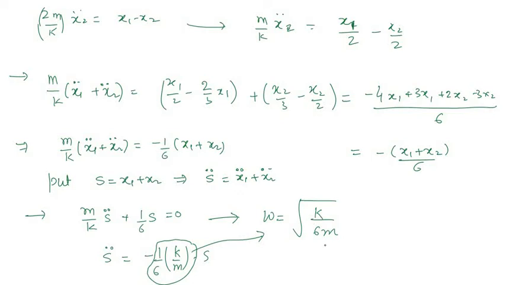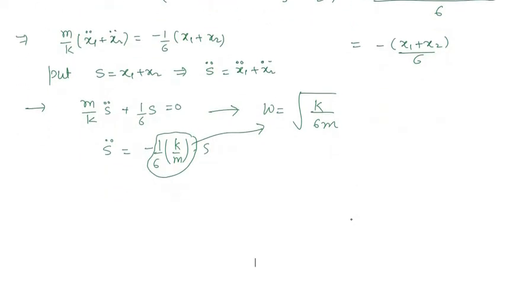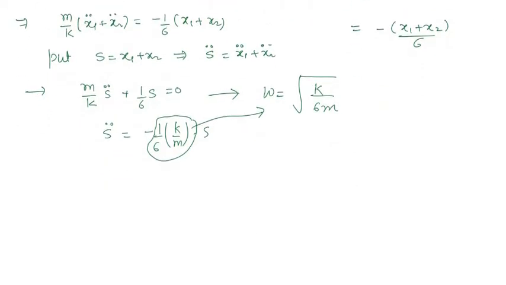So that is a new coordinate, that was s. The oscillation, we are talking about the frequency of oscillation, that will be x1 plus x2. So this type of coordinate is called a normal coordinate. So let me define here one new coordinate, that is called a normal coordinate.